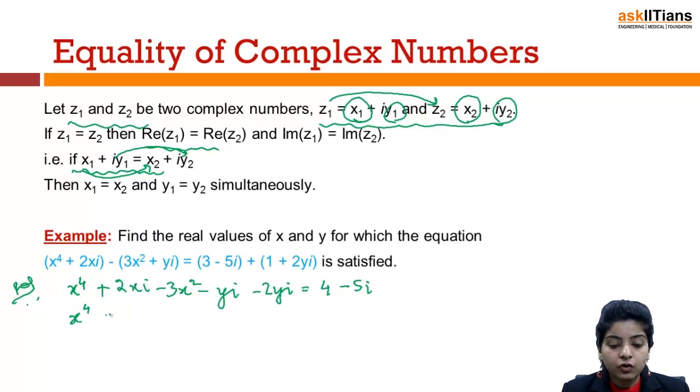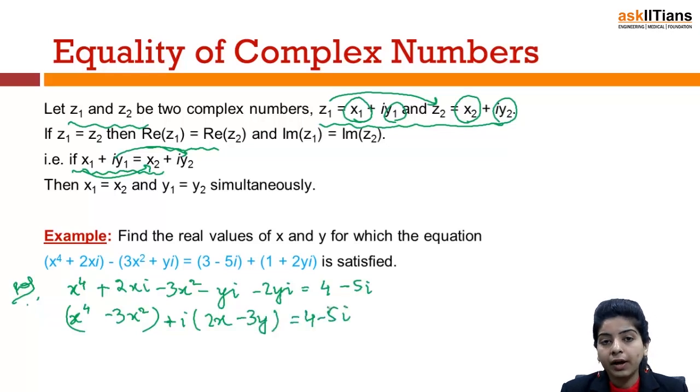So I have x^4 minus 3x^2, which we enclose in one bracket, plus iota times what we have, 2x minus 3y, right? Equal to 4 minus 5i.